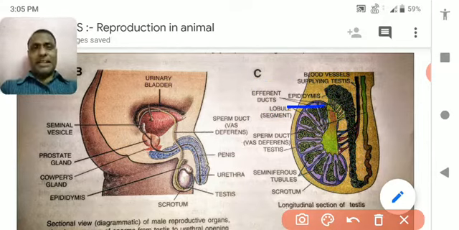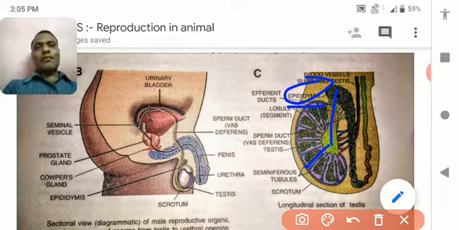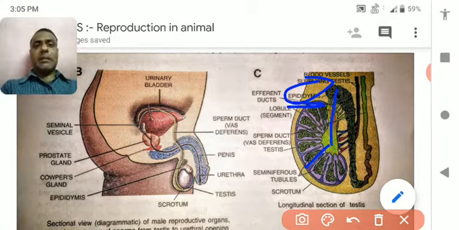When the sperms form, they go to the rete testis. From the rete testis they go to the epididymis, and in the epididymis they remain for 7 to 15 days. The epididymis is the place where sperm rest as well as prepare themselves and mature for further action.